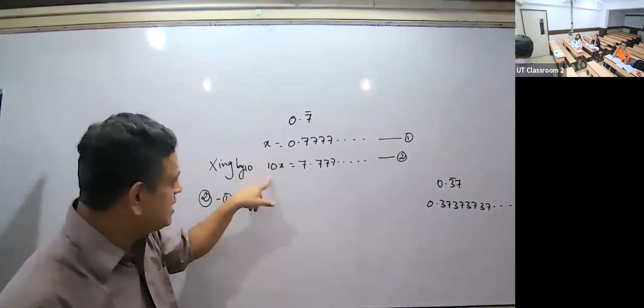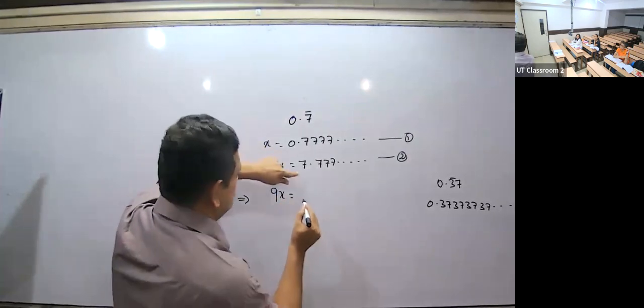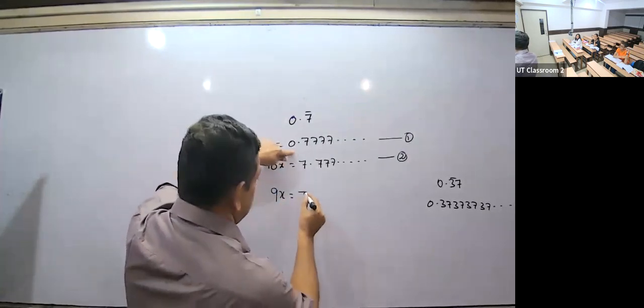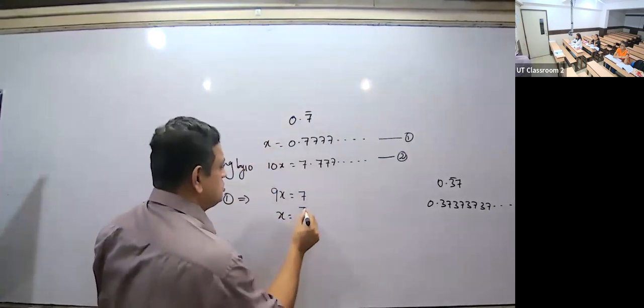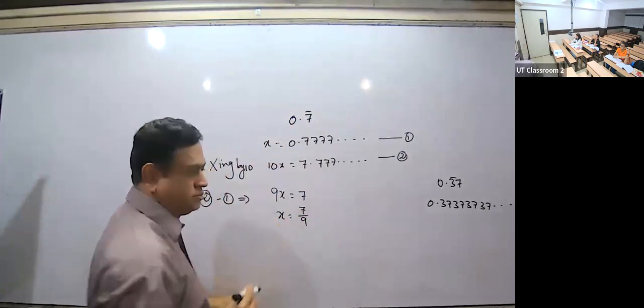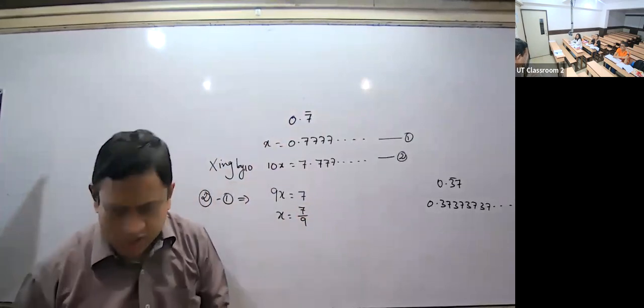What is 10x minus x? 9x is equal to 7 minus 0, which is 7. So x is equal to 7 upon 9.